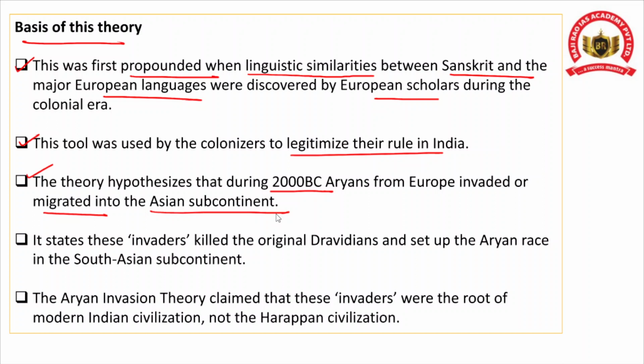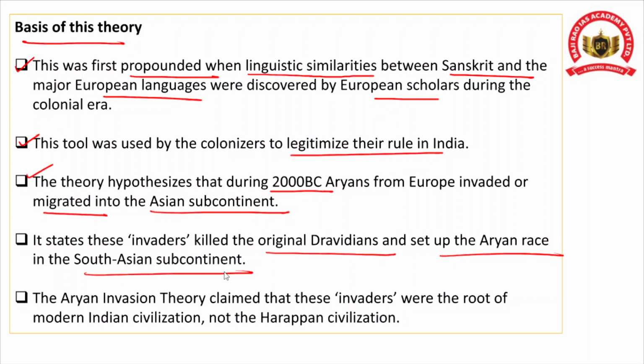And third, the theory hypothesizes that during 2000 BC, Aryans from Europe invaded or migrated into the Asian subcontinent, even though there is no evidence. The theory also believes that the Aryan invaders killed the original Dravidians and set up the Aryan race in the South Asian subcontinent.